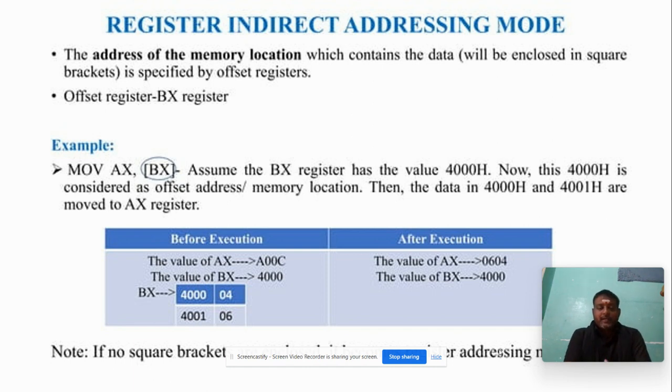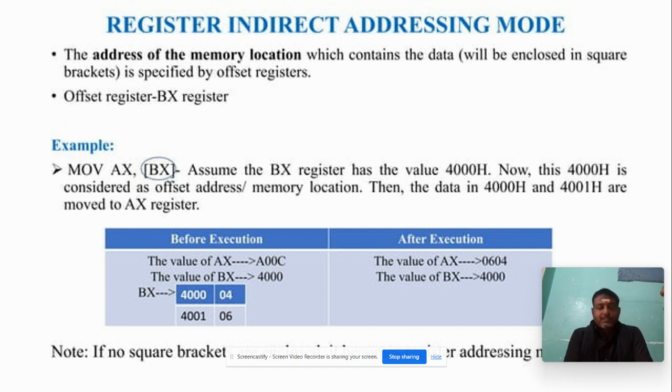Before the execution of this instruction, the value of AX is A00C and BX is 4000. Let us assume the data at 4000 is 04 and 4001 is 06.